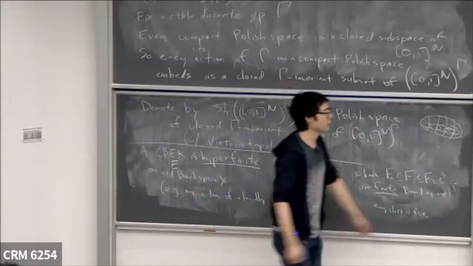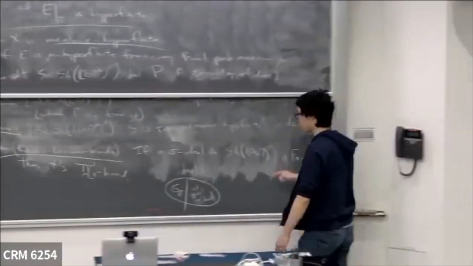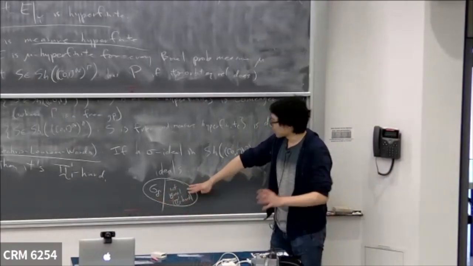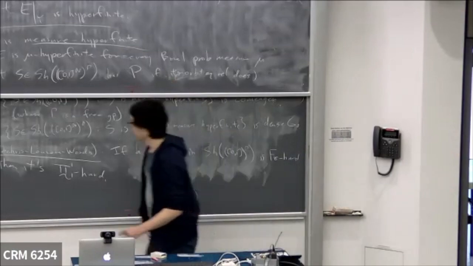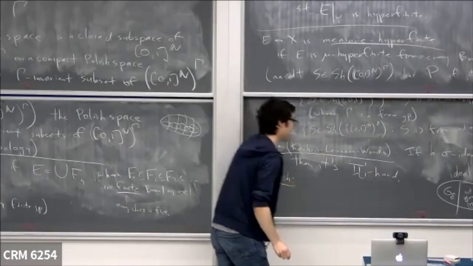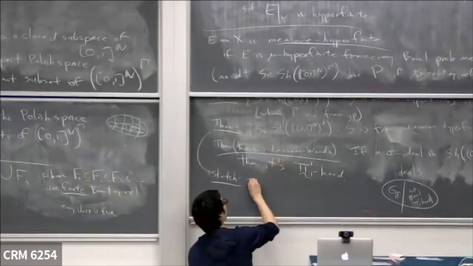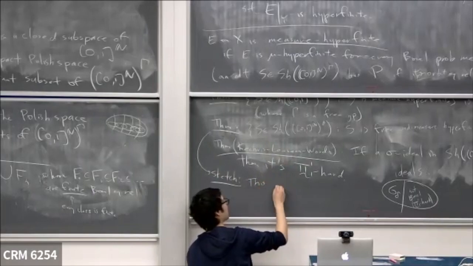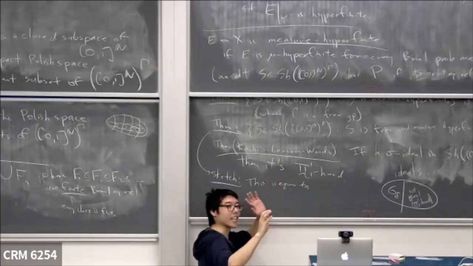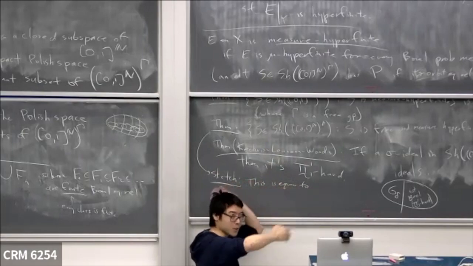So if I want to show that this is G delta, by this theorem it's either G delta or it's crazy, and it's not crazy because, the sketch is that this condition is equivalent to something called topological immutability. An action is topologically immutable if there's a continuous map to probability measures which does something.